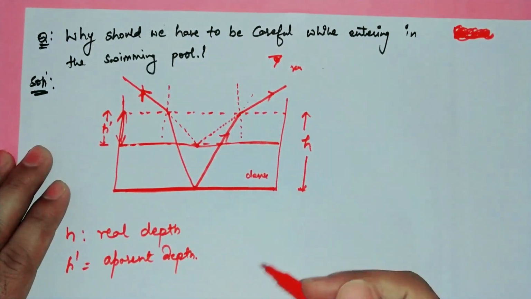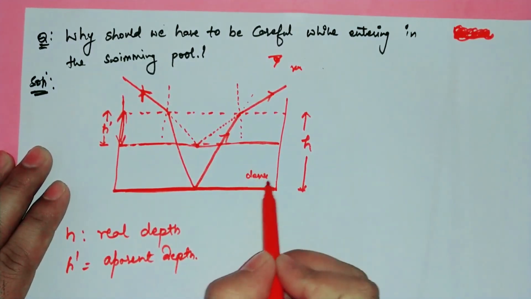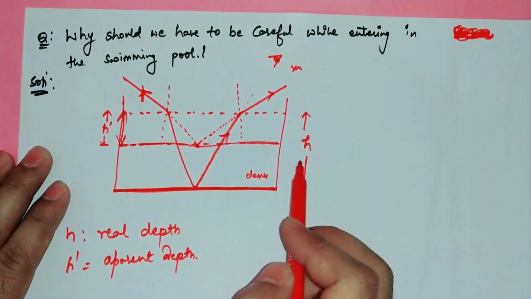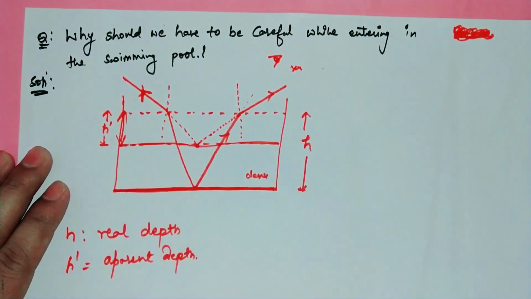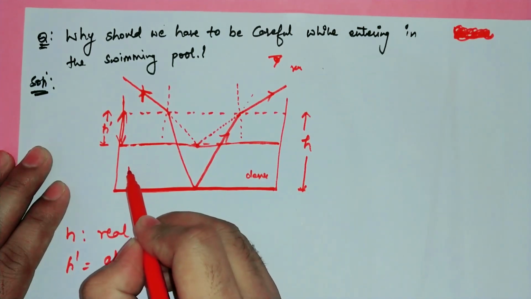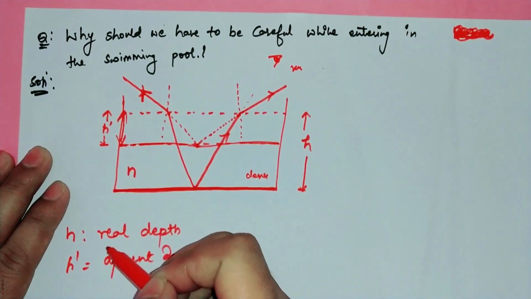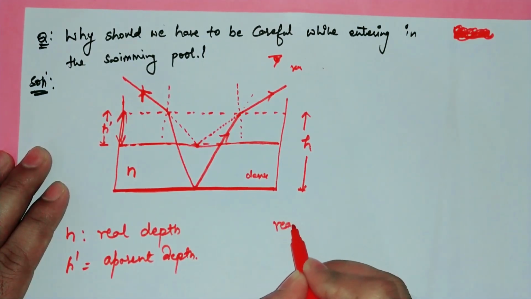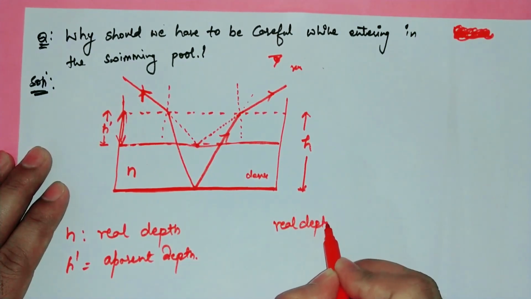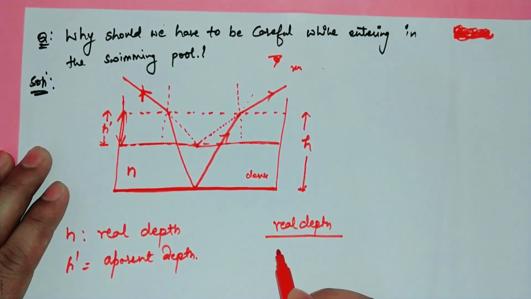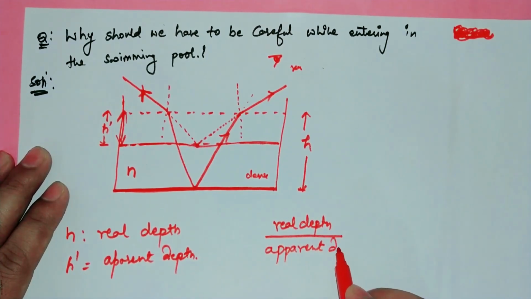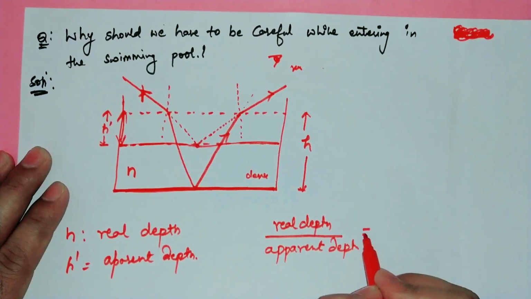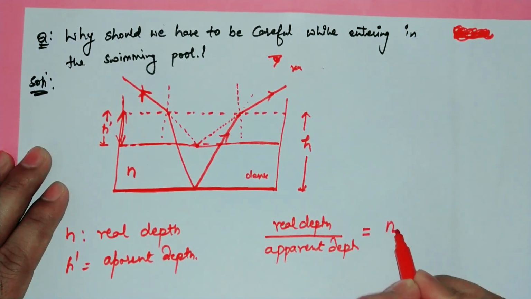From here we can calculate, if we know the real depth or apparent depth, with n the refractive index of the water. The formula is real depth upon apparent depth is equal to the refractive index.